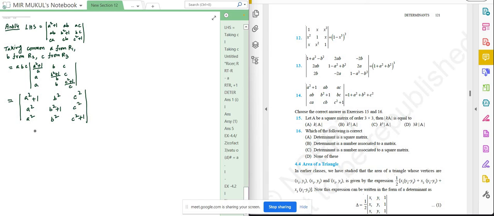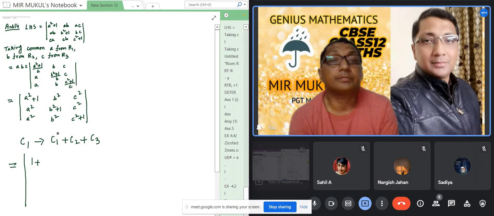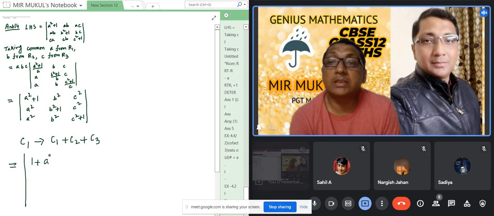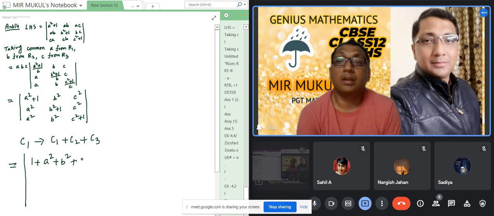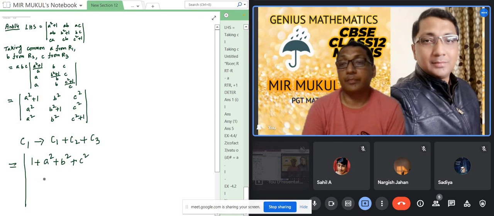That means C1 goes to C1 plus C2 plus C3. Then in the first column you will get 1 plus a square plus b square plus c square.